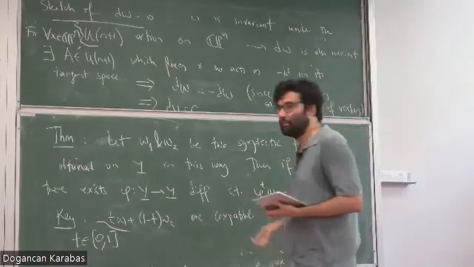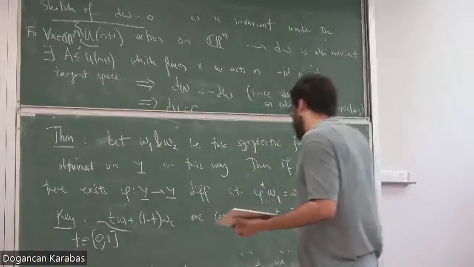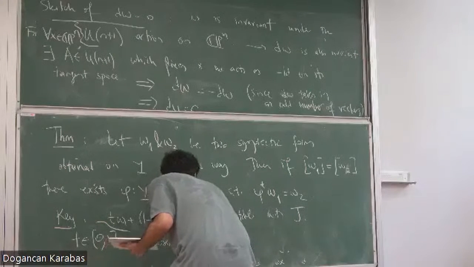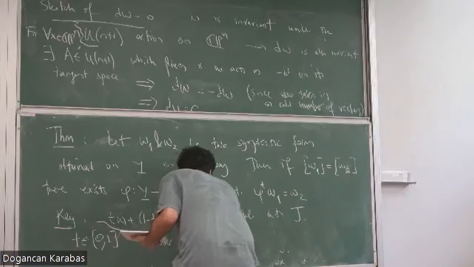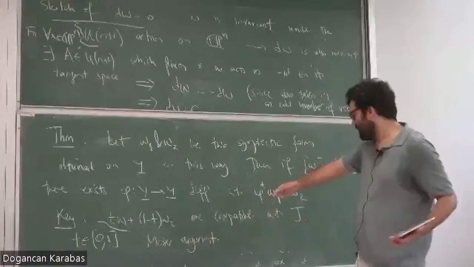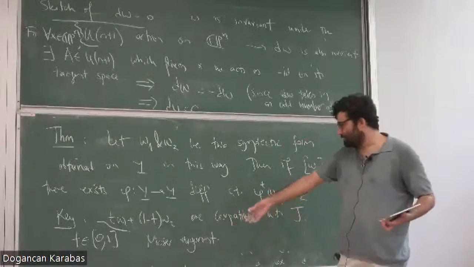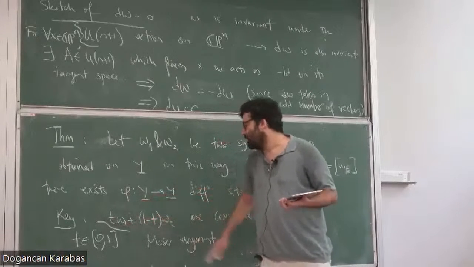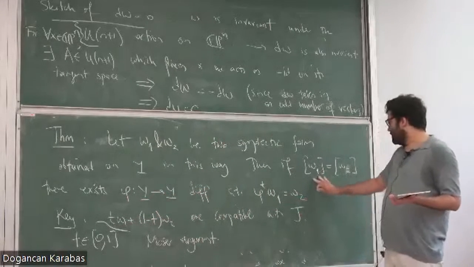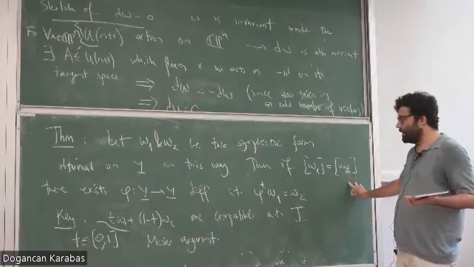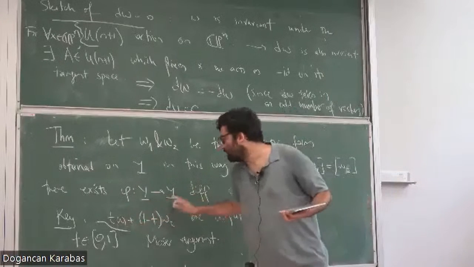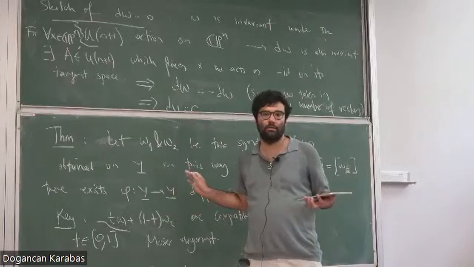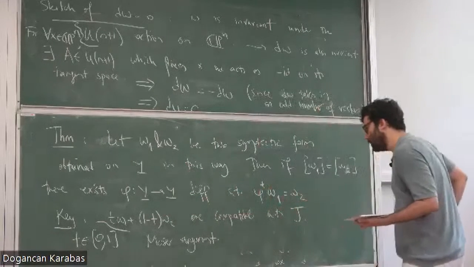Then there is the Moser argument, which requires that the cohomology class in this family be constant. But that's just a consequence of the fact that these two are in the same cohomology class. If I take cohomology, it just gives me that same cohomology class back.